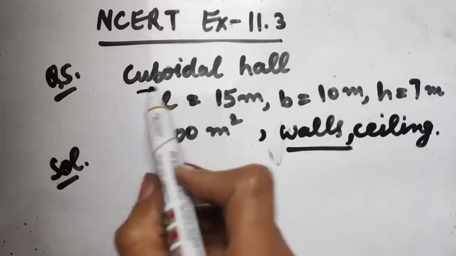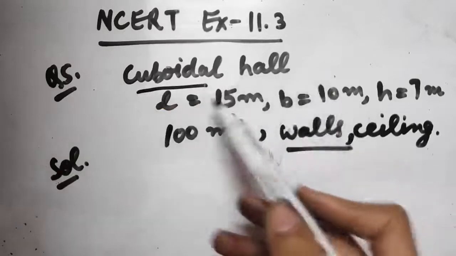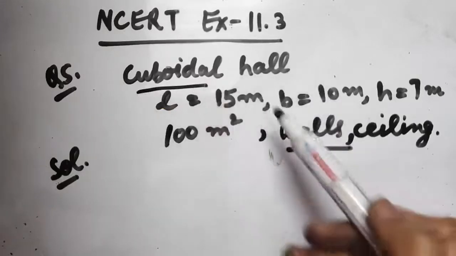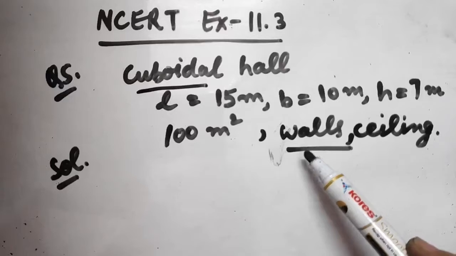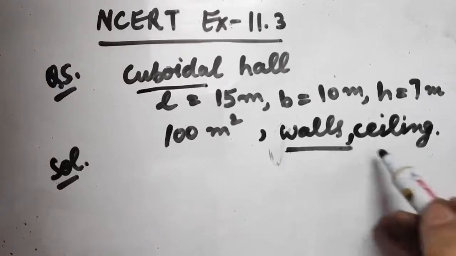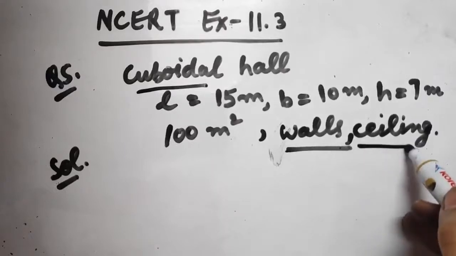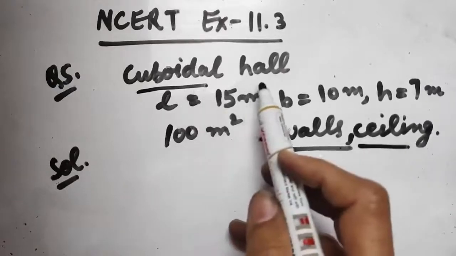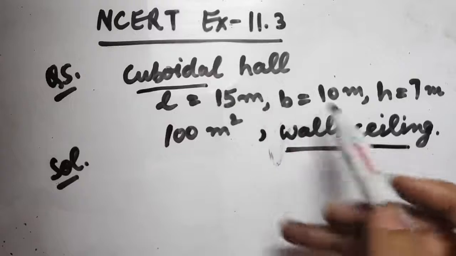As it is a cuboidal hall, and we know that in a cuboid all the faces are rectangular, we know the area of 4 walls. In that we are supposed to add the area of ceiling so that we can paint the walls and the ceiling, that is the required area.